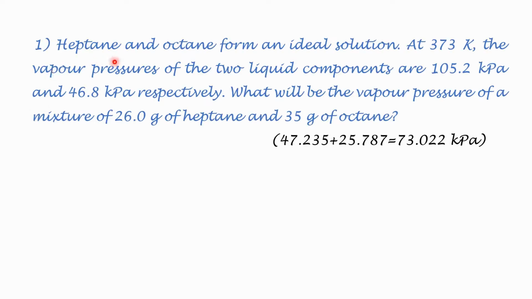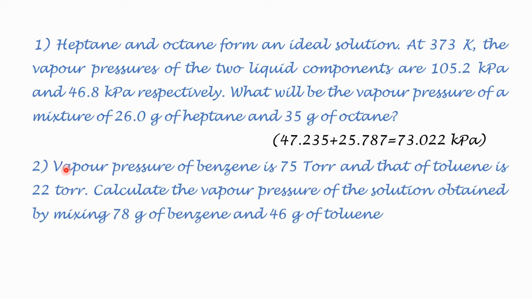One is heptane and octane form an ideal solution at 373 Kelvin. The vapor pressures of the two liquid components are 105.2 kilopascals and 46.8 kilopascals respectively. What will be the vapor pressure of the solution obtained by mixing 26 grams of heptane and 35 grams of octane?